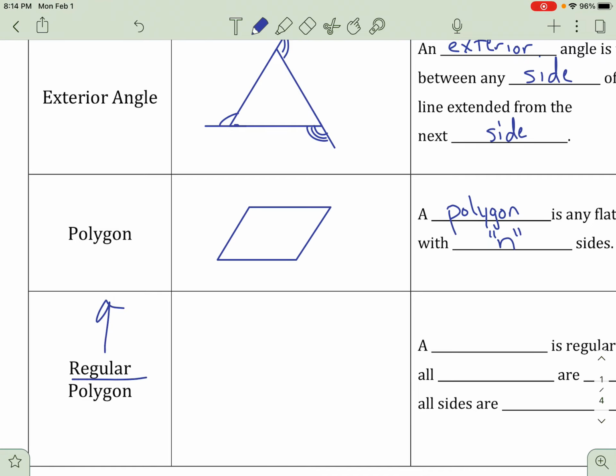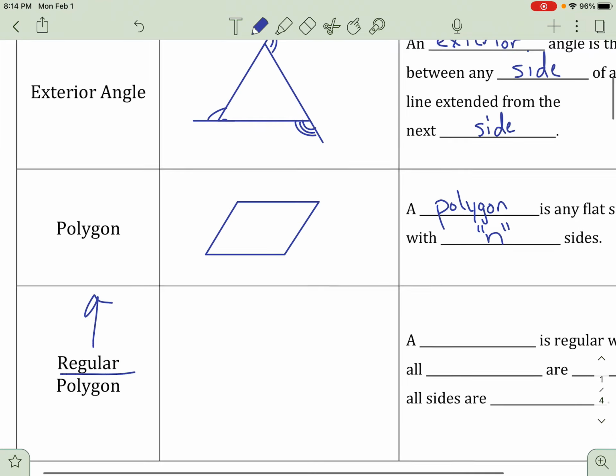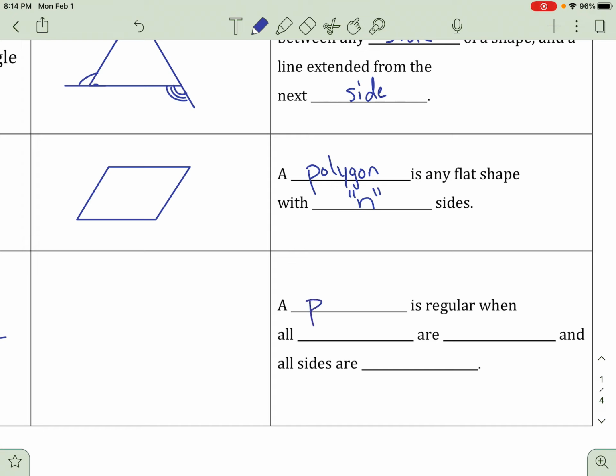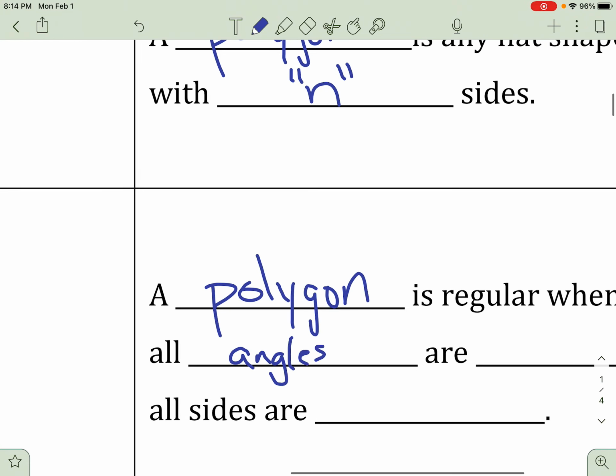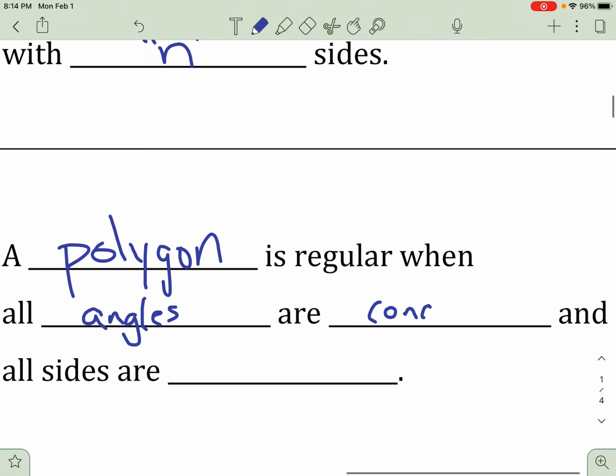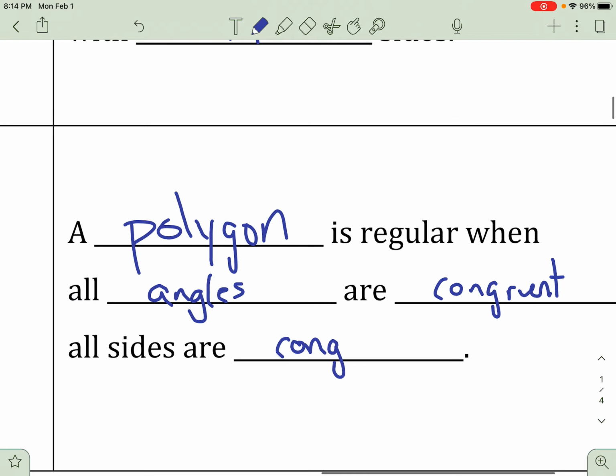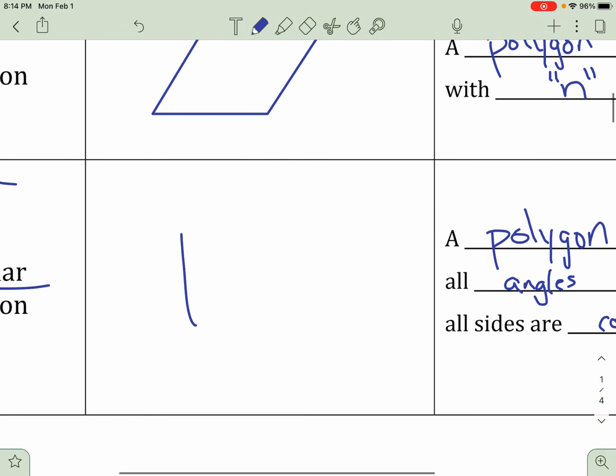Okay, now a regular polygon is a very specific type of polygon. A regular polygon is when all angles are congruent and all sides are congruent. So all angles and all sides are congruent.